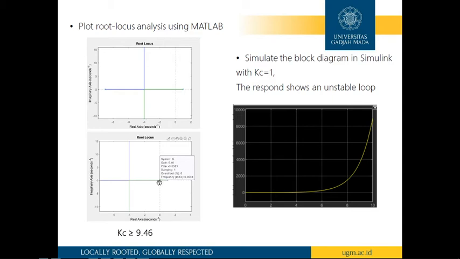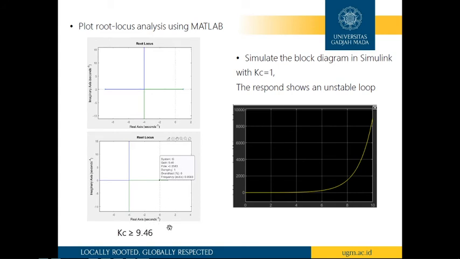Then when we click for Kc equal to 1, it is on the right side of the imaginary axis. Then we should check where it intersects the imaginary axis, which is where Kc is equal to 9.46.